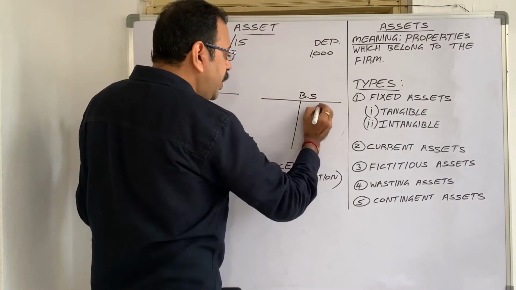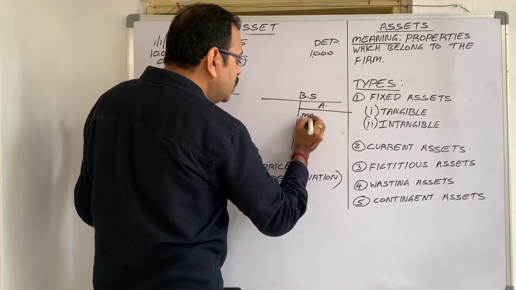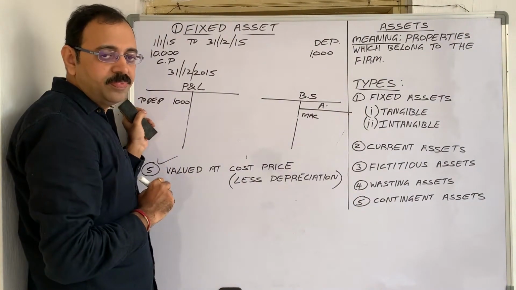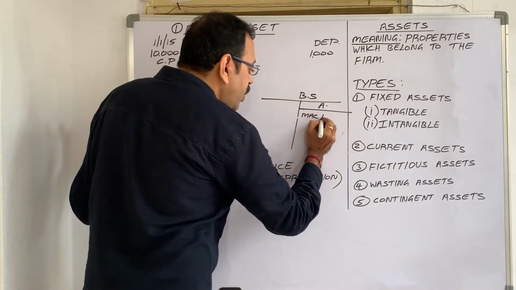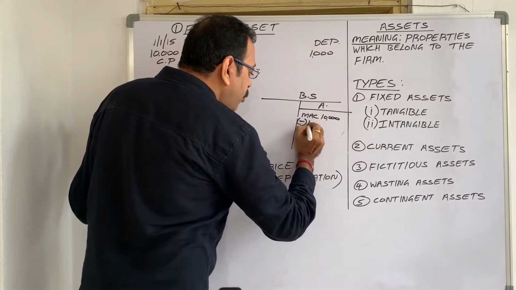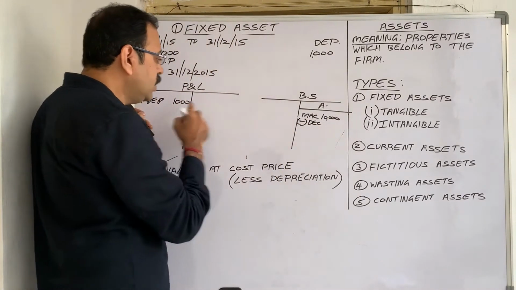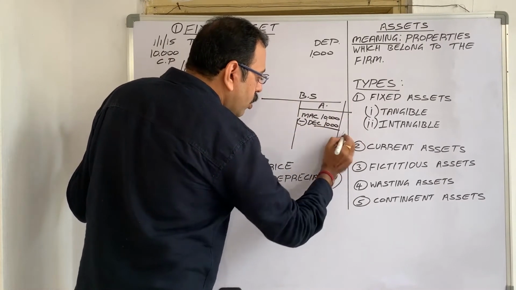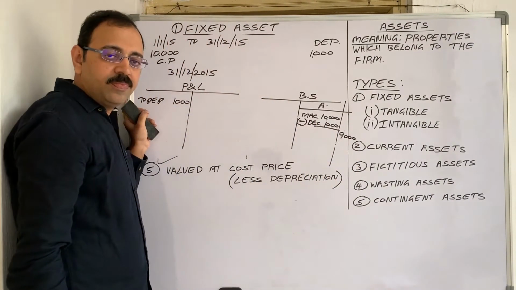In the balance sheet, on the asset side, while showing the machinery value, we follow the cost concept. That is, we take the cost price of the asset in the inner column, we deduct the depreciation of that particular year from this cost price 1000, and in the outer column we show the remaining value, 9,000 rupees.